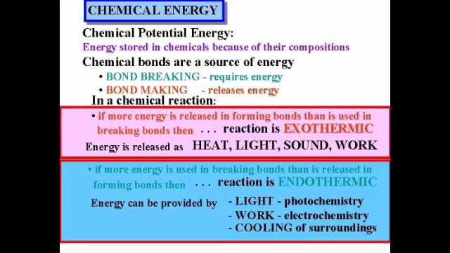Now remember that enthalpy change of neutralization is the amount of heat evolved when 1 mole of H plus ions from an acid reacts with 1 mole of OH ions from the base to form how many moles? 1 mole of water. 1 mole of acid reacts with 1 mole of base to form 1 mole of water.